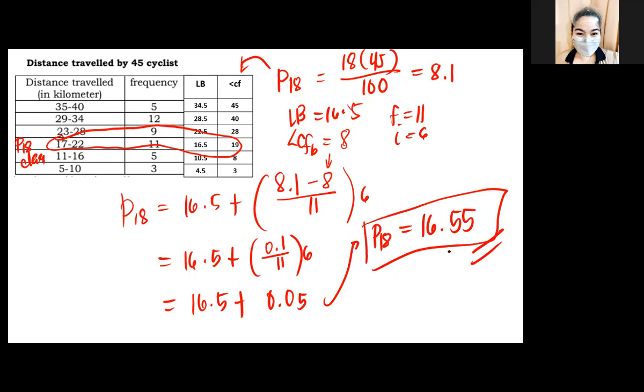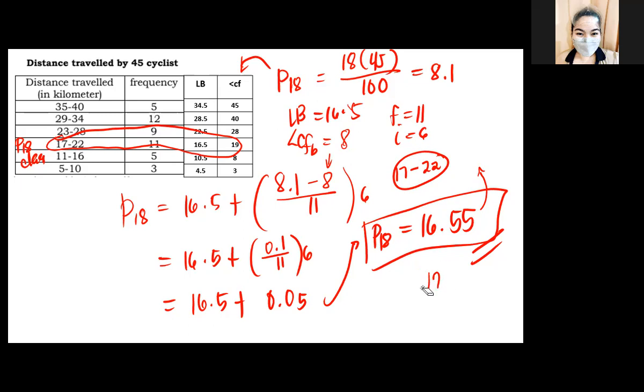Ito, isa pa, paglilinaw. Diba sabi ko sa inyo, one way of checking na tama yung sagot nyo, dapat hindi kayo susobra, hindi rin kayo kulang. Okay? So remember na ito ay nasa 17 to 22. The 16.55, still nasa 17 to 22 siya. Bakit po? Kasi pag ni-round off natin to, 17 siya. Okay?